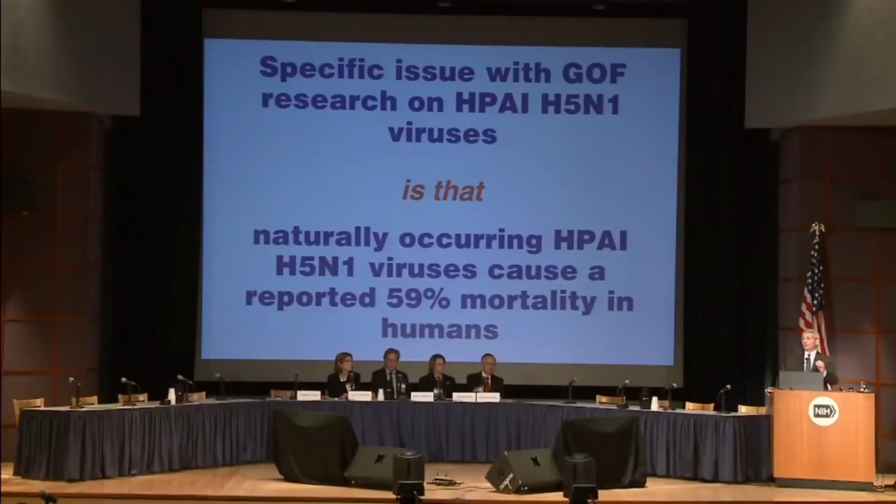Now, the reason we are here today in this room with H5N1, highly pathogenic influenza, and we're not in this room discussing so many of the other gain of function research that we do, is because naturally occurring HPAI H5N1 viruses cause a reported almost 60% mortality in humans, which triggered a concern, understandably, clearly, that if you give a gain of function of a pathogenic virus to make it more transmissible, that's a whole different story than some of the other things we faced.